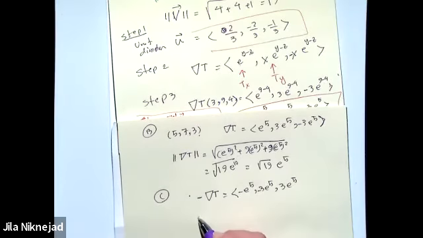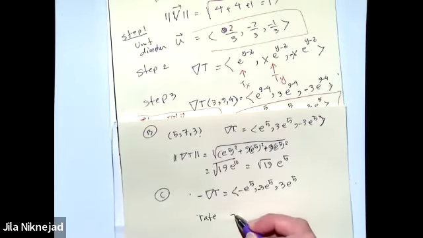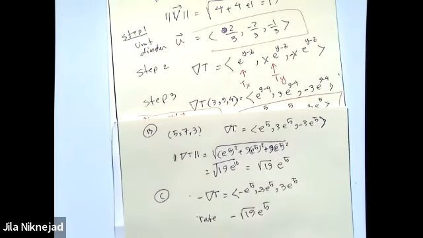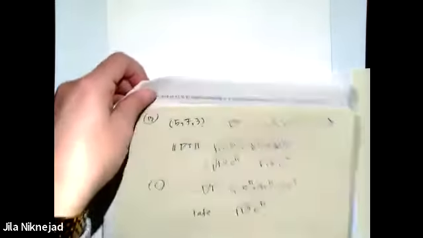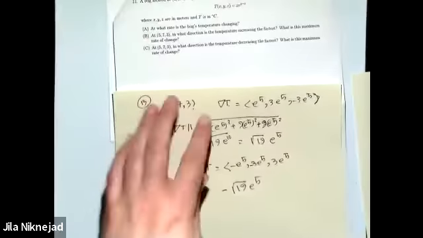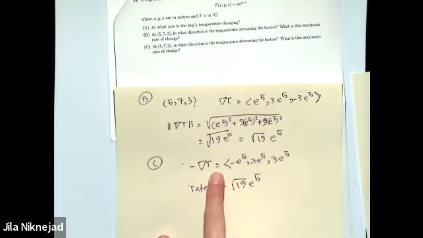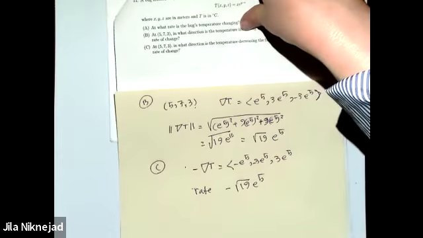And the rate is also the negative of the magnitude. So the fastest decrease is just the negative of the gradient direction. So far so good. Are you with me?